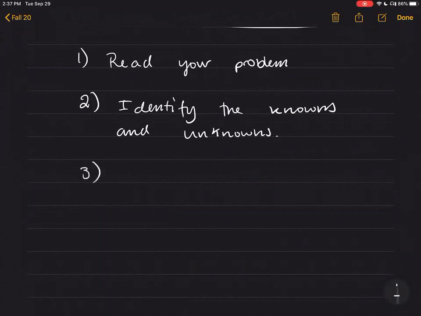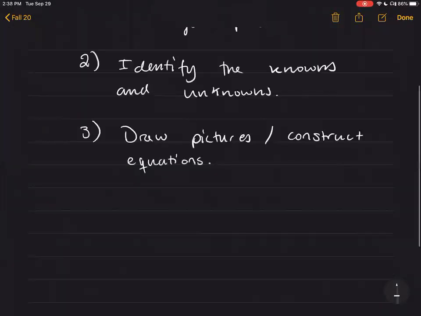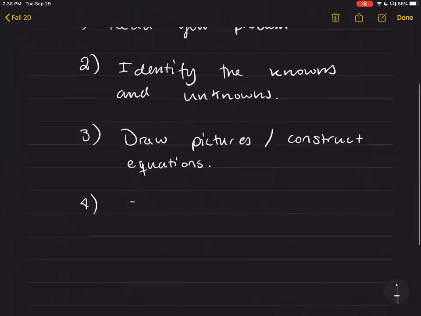And then we'll draw pictures and/or construct equations. And then solve. And usually you can just solve these equations pretty easily with techniques from section 1.5.